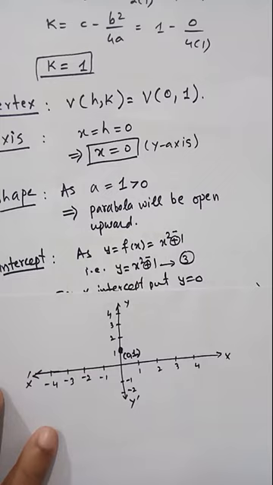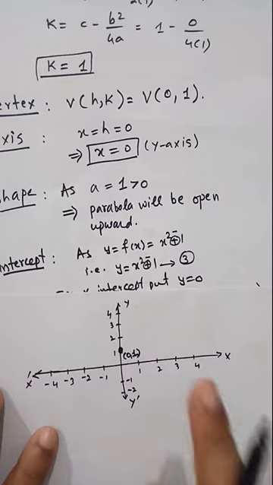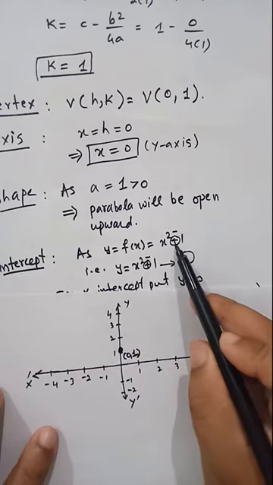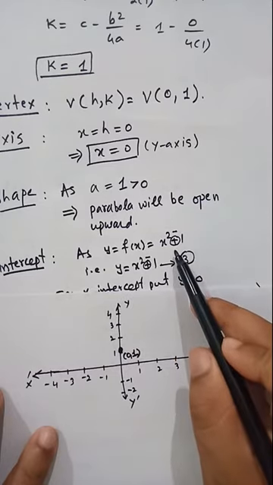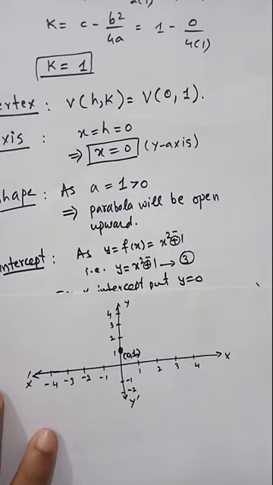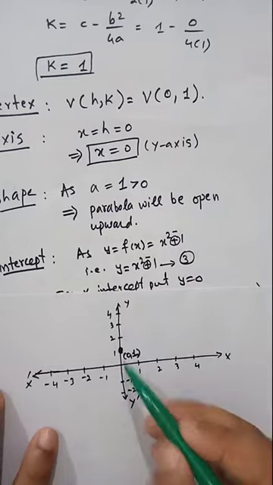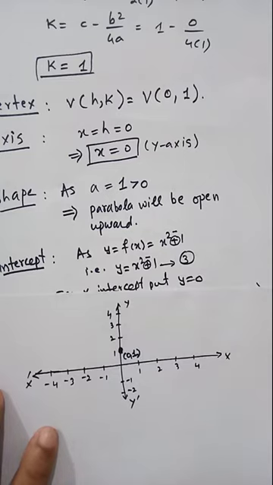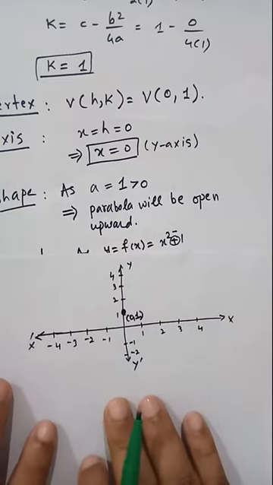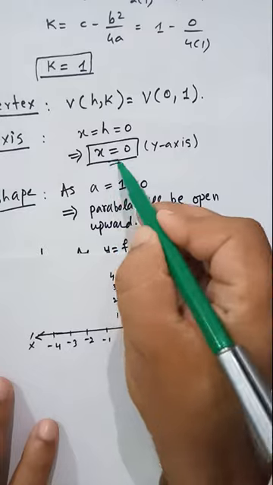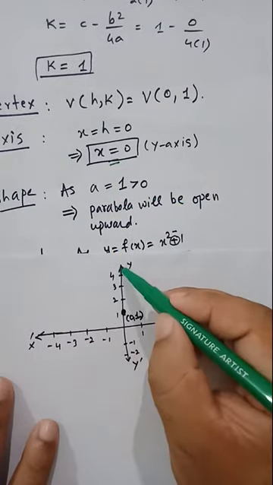Now what is the symmetry? Okay, this is a very important question. The question is correct. I said that this is minus, but this is not minus. Now this is my vertex. After that, x is equal to 0 is the line of symmetry. So this is x is equal to 0.